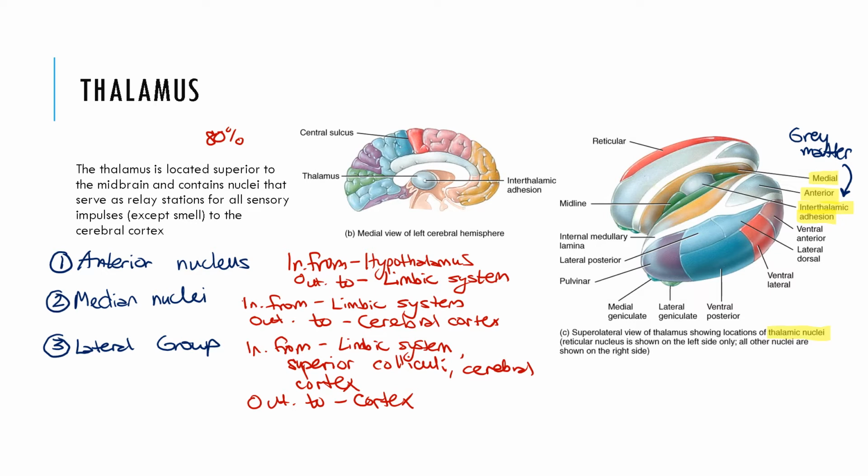Now there are a couple of nuclei within this group. First, we have the lateral dorsal nucleus. This nucleus really functions in the expression of emotions. And then we have the lateral posterior nucleus.